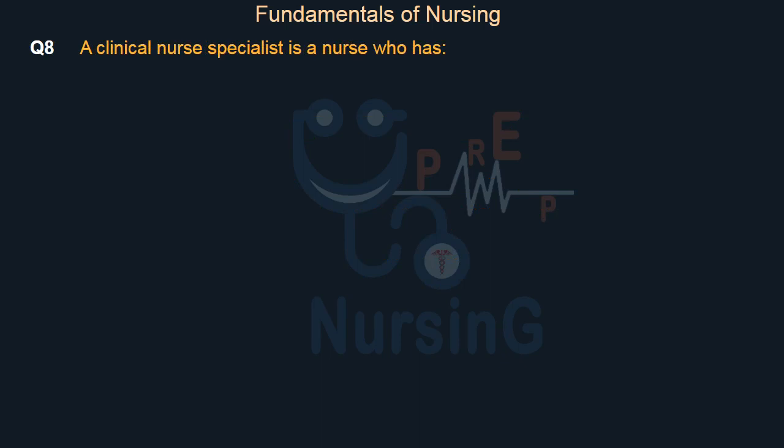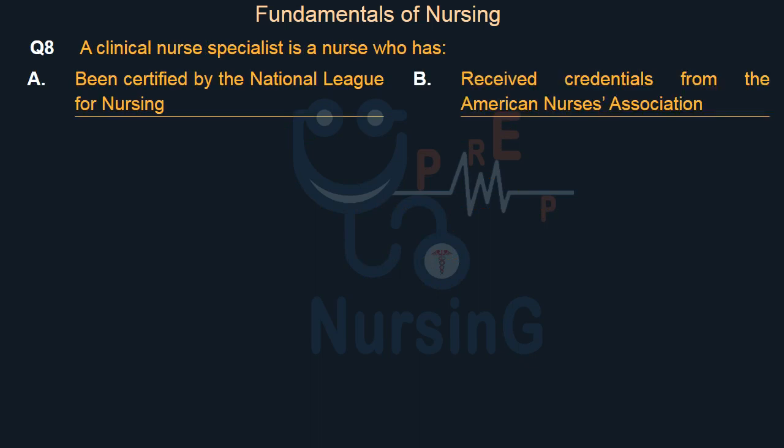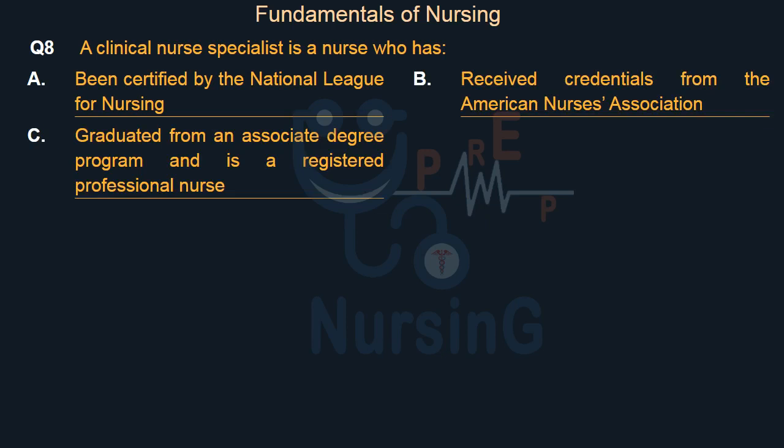A clinical nurse specialist is a nurse who has: Option A. Been certified by the National League for Nursing. Option B. Received credentials from the American Nurses Association. Option C. Graduated from an associate degree program and is a registered professional nurse.